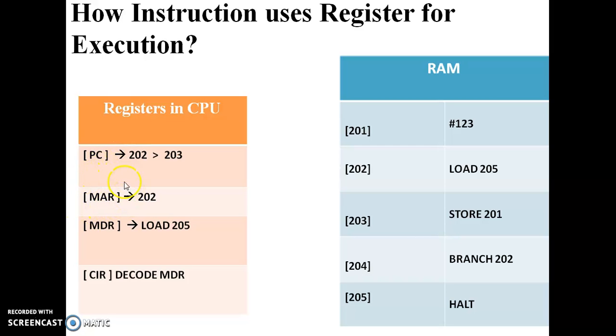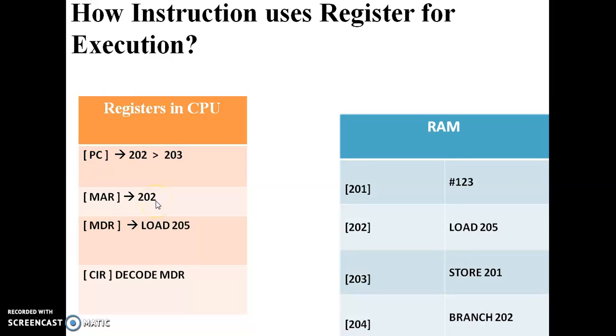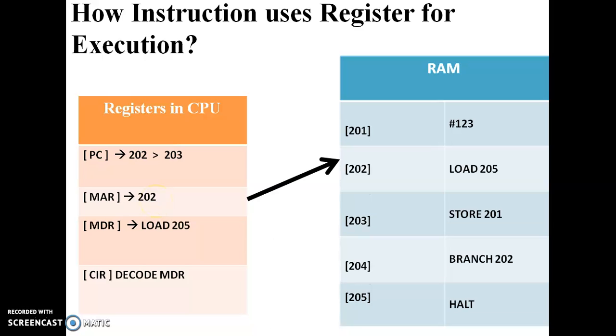What is MAR? Memory Address Register. Memory Address Register will have the contents of PC, so it will have 202. It will move to location 202 via the address bus. Now at memory location 202, what is the data stored? The data stored is load 205.